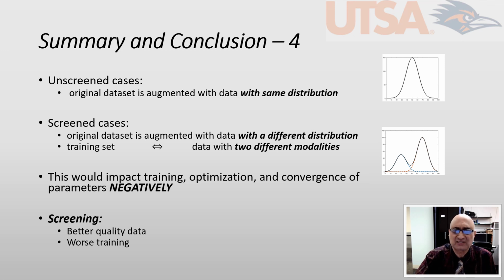So in screened cases, actually our training data set is composed of 2 sets of data with 2 different distributions. This would impact the training, I mean the convergence, the optimization, in a negative way. So this is a point that we should take into consideration when we screen data.